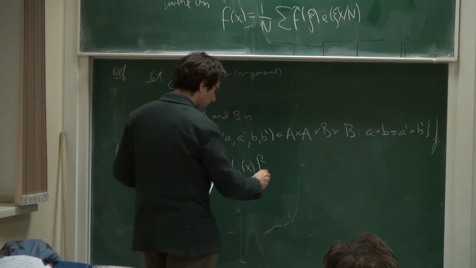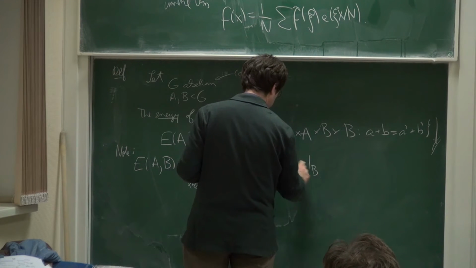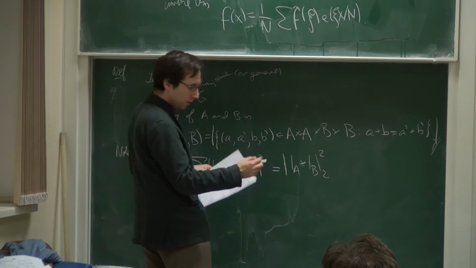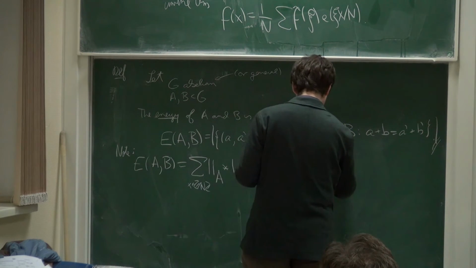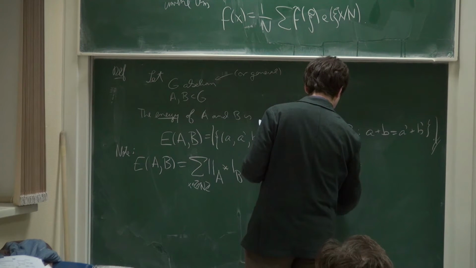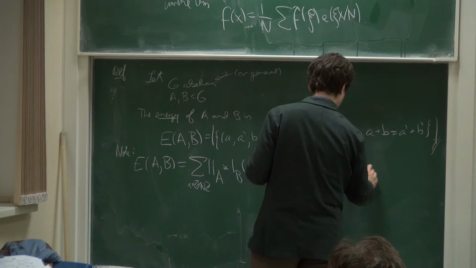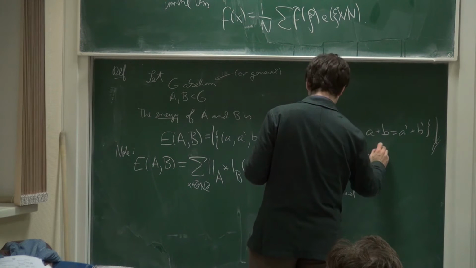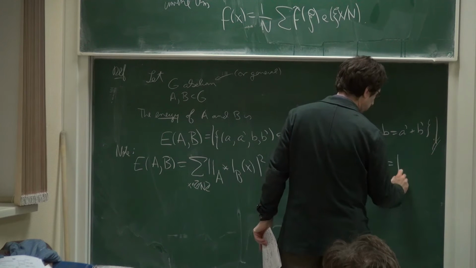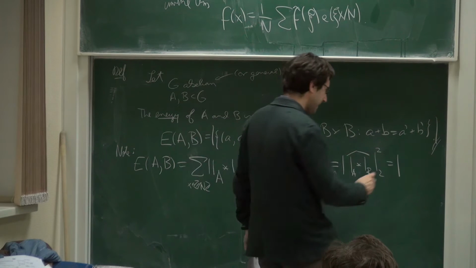So this is just a tautology, this is just shorthand, of course, for the L2 norm. The L2 norm squared is just the sum of the squares. But by Plancherel, this is the same as the L2 norm of the Fourier transform, but the Fourier transform of the convolution is the product of the Fourier transforms.